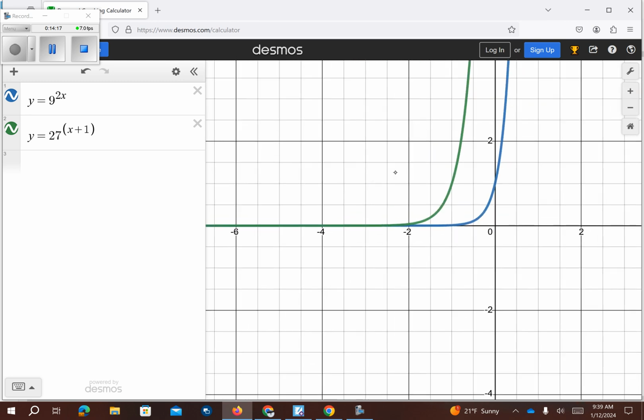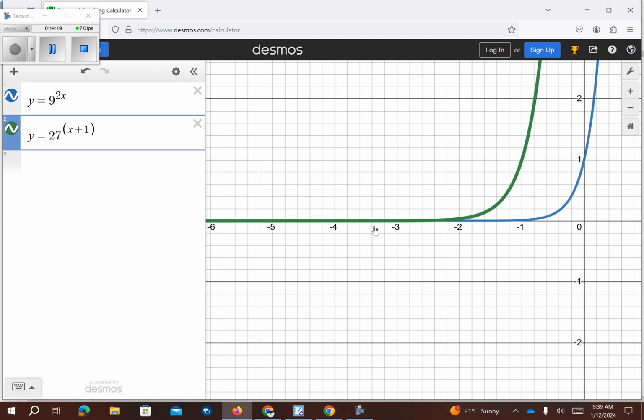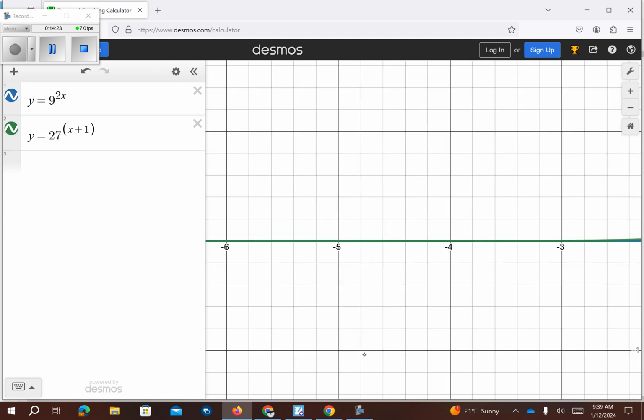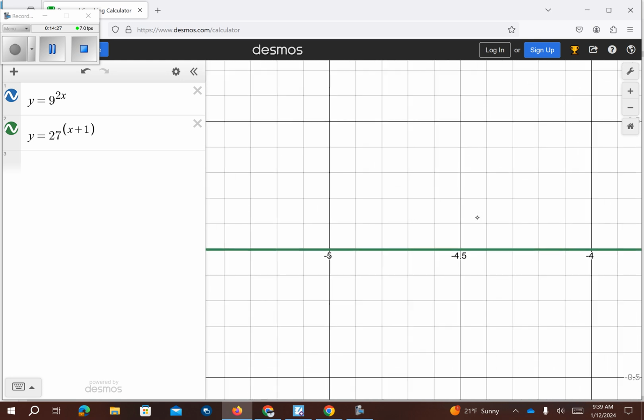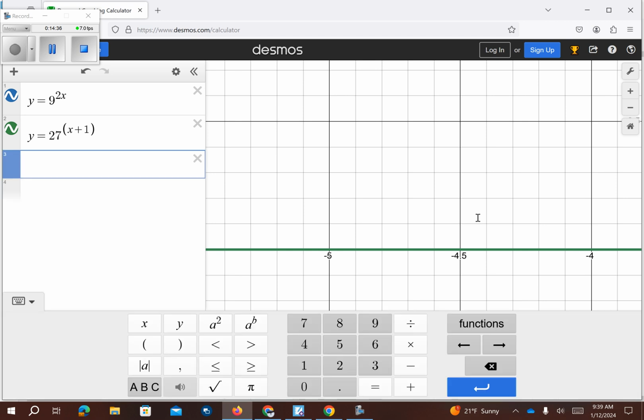So we're going to look somewhere down here. I'm going to tap on the lines and see where I might get an intersection between the two, and I'm not seeing it right away. Okay, so now we have a few things we could try. I'm not seeing where they're going to cross.